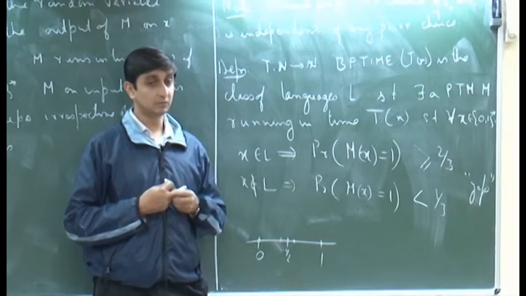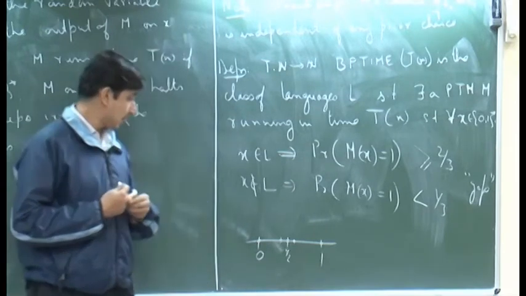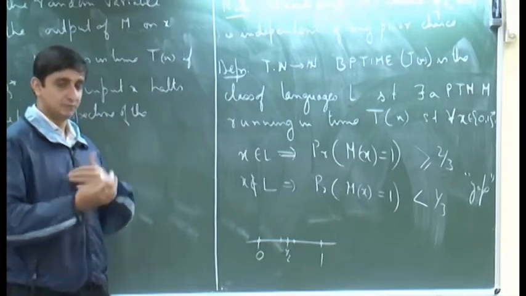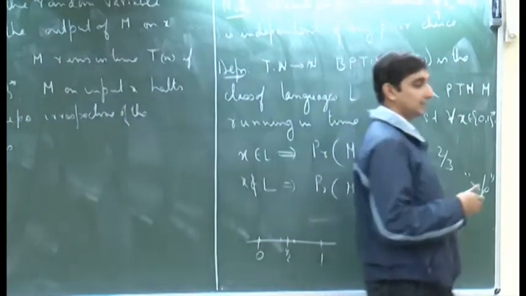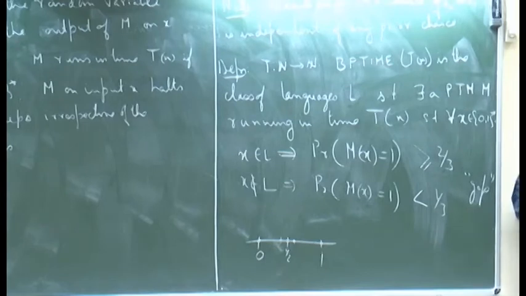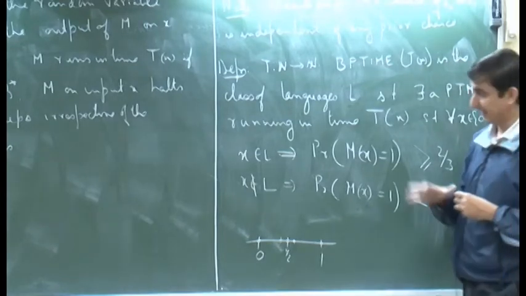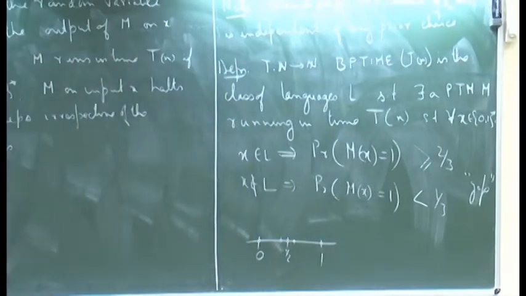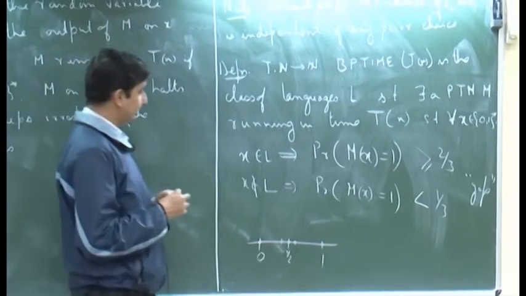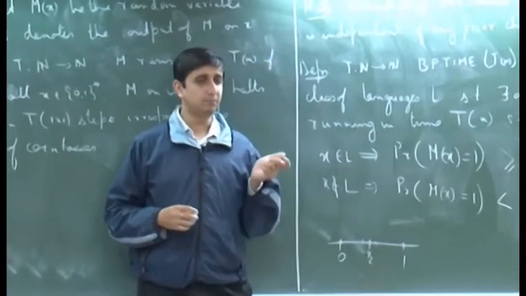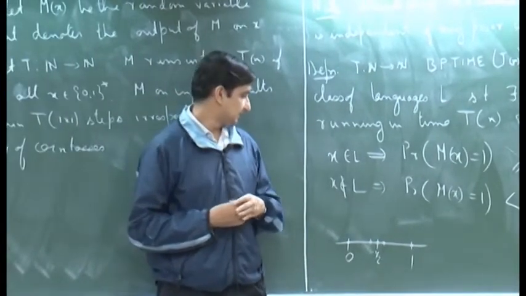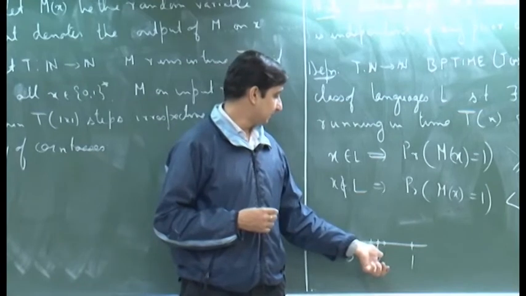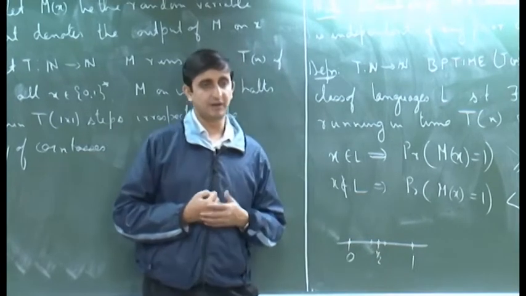Of course, we have to choose something that is on the other side of half, because that is necessary. At least for the case of BP time, when we are accepting, it should be with probability greater than half, and not only that, it should be greater by some inverse polynomial term that is bounded away from half.